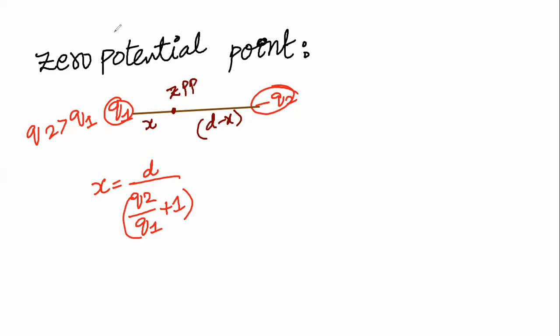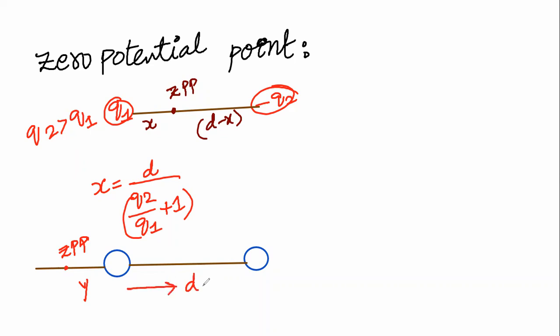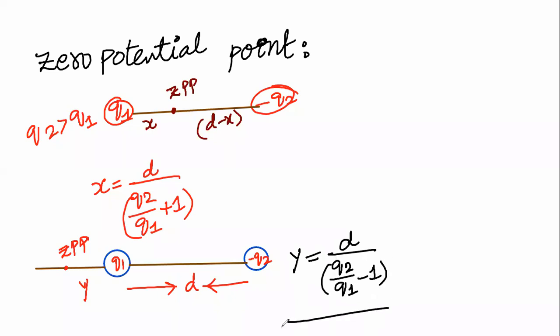If the zero potential point is formed outside the system of charges, why? The distance between the charges q1 and minus q2 is taken as d. Then the zero potential point is at a distance y equal to d divided by (q2 by q1 minus 1).